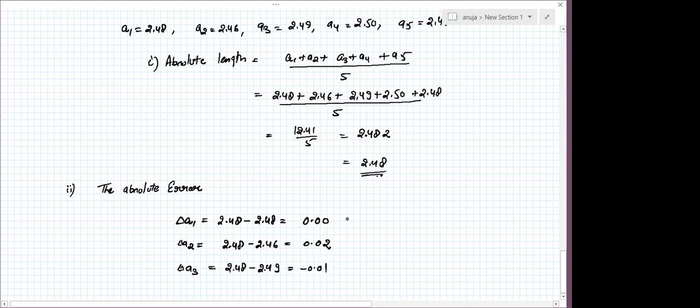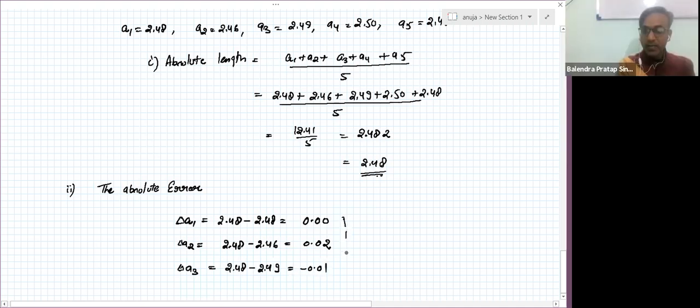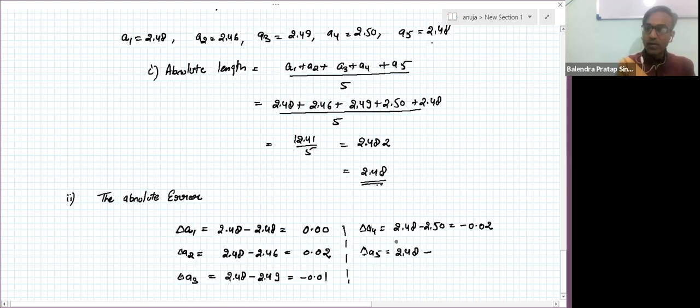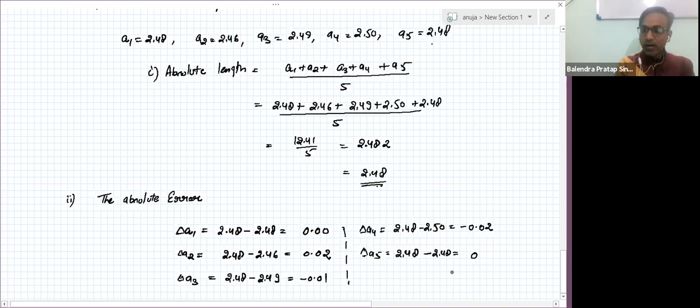Now next, delta A4 is again 2.48 minus 2.50, so here minus 0.02. And finally delta A5 is equal to 2.48 minus the fifth value, 2.48, so the value is 0.00.